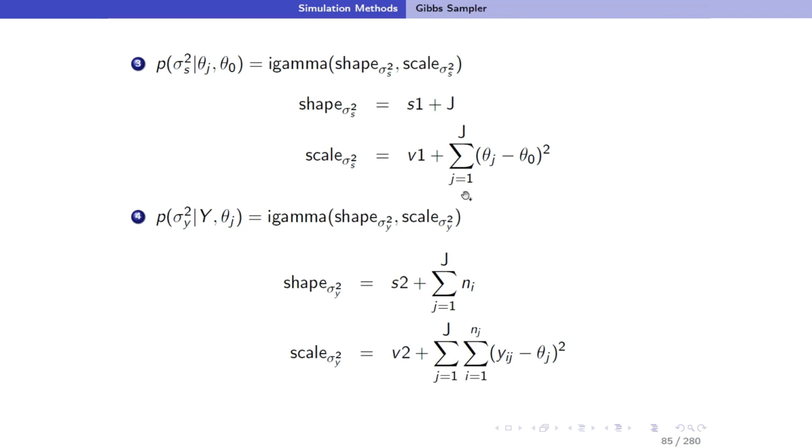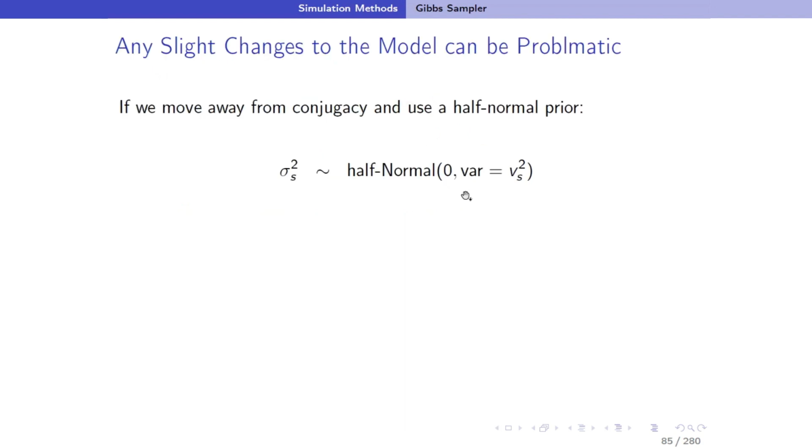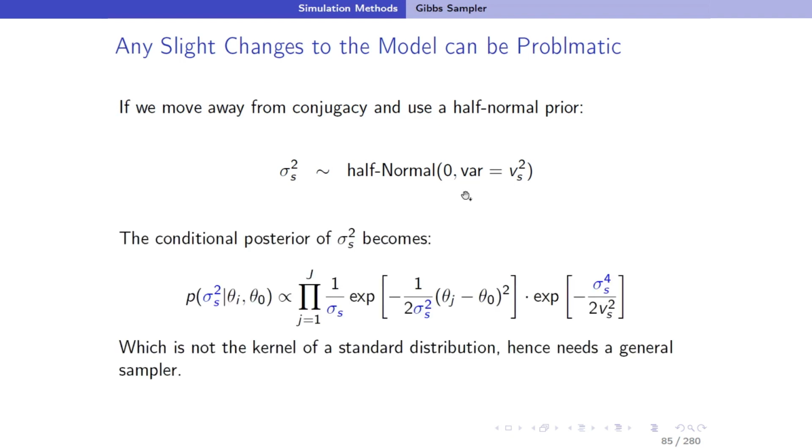This is where conjugacy sampling became so important. But of course, not all problems have conjugacy, and you can certainly have problems where conjugacy doesn't apply. Then you get a distribution that you don't quite know how to sample from because it's not a standard distribution, and this needs a general sampling algorithm.